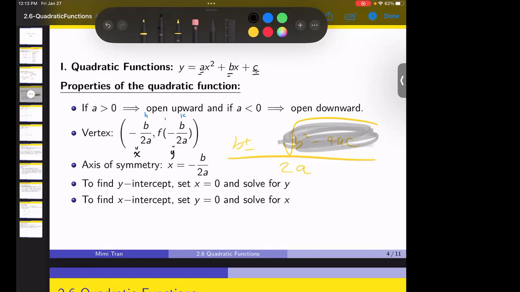The thing I scribbled in black there is called the discriminant, because it determines how many solutions a quadratic function has. It could be two distinct solutions. It could be a double root, meaning you have two solutions of the same number, like x equal 1, x equal 1, or no real solution if your solution is imaginary. We're not going to talk about that.